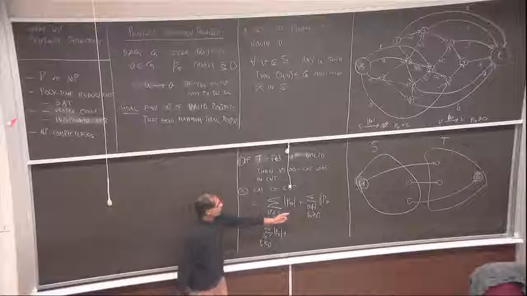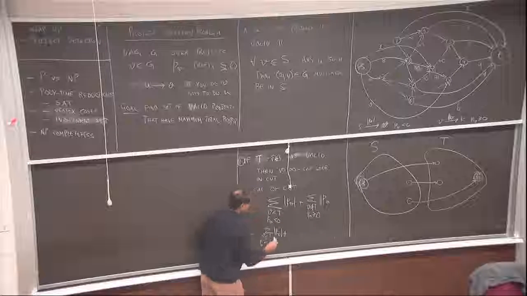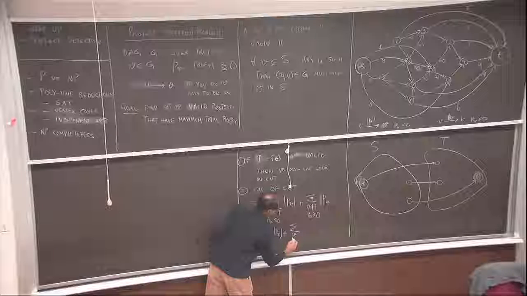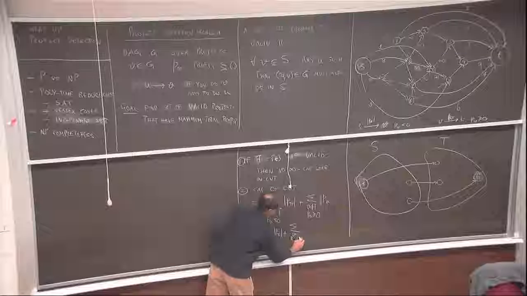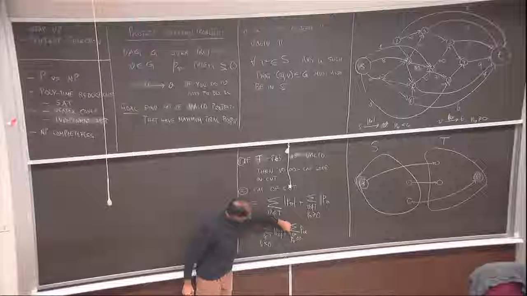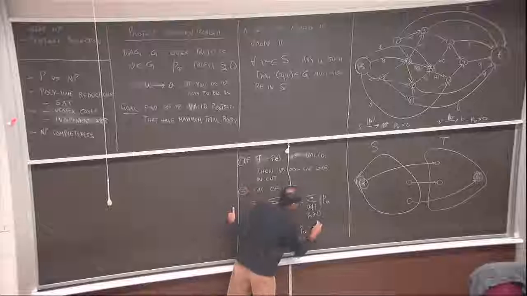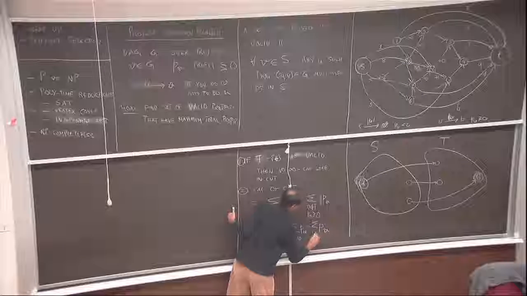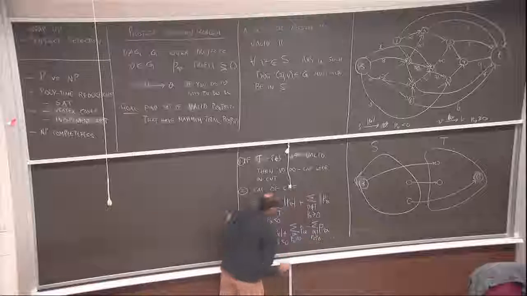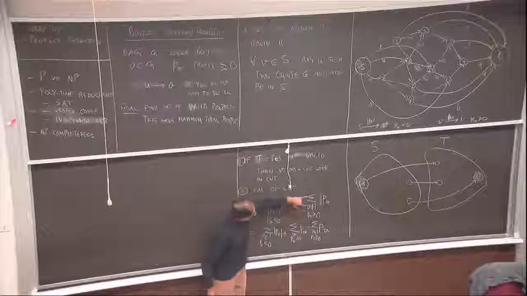Okay, I'm going to write this as the total number of things that have positive profit minus the things in T. So I take a look at every project that has positive profit and subtract the ones that belong to T. So what is this?